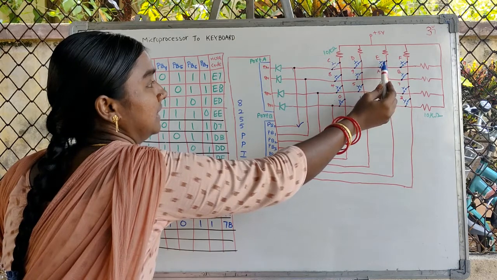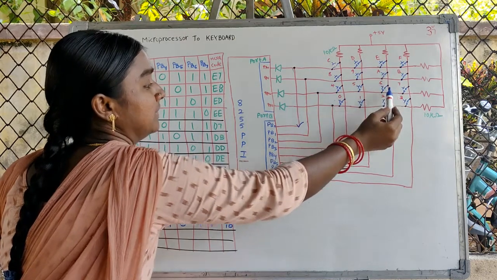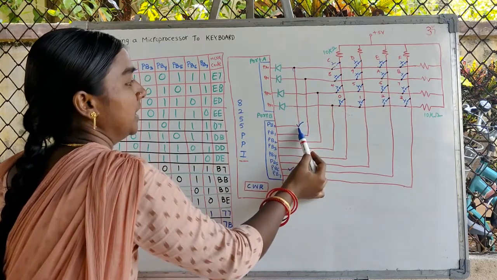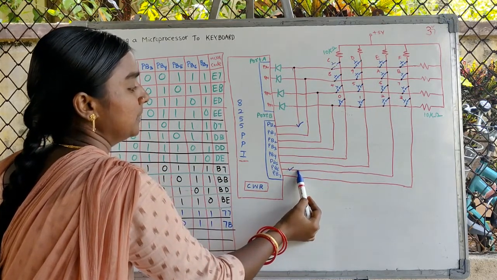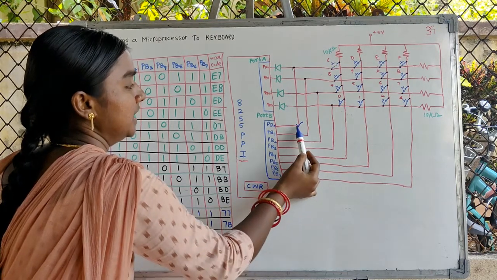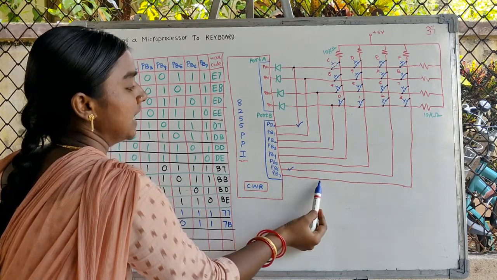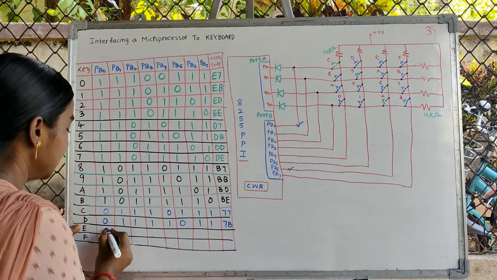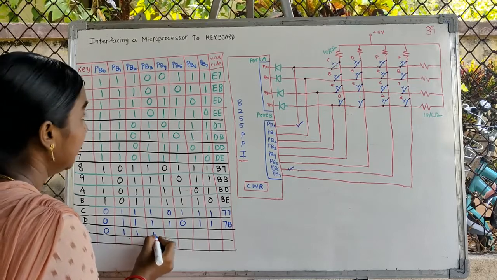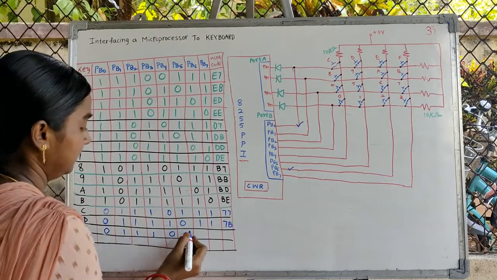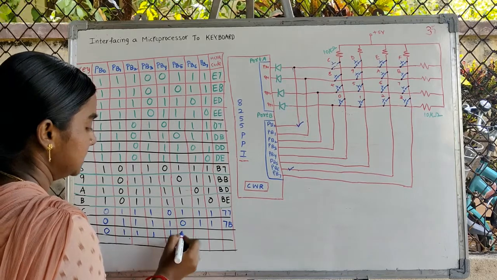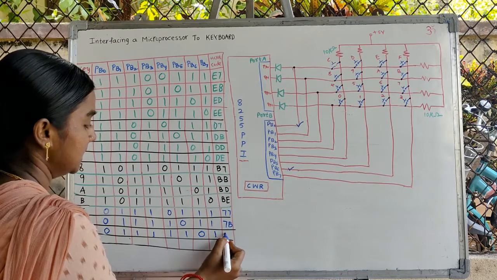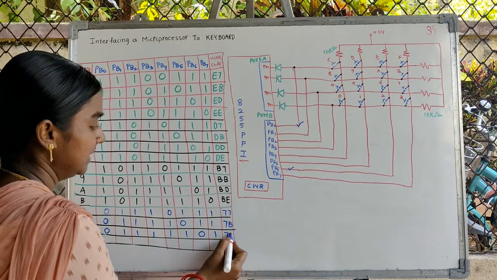If we press the key E, this switch is connected with PB6 here and PB0 here. These lines' values are going to be 0 here, 0 here. The remaining other lines are going to contain 1. So PB0 is going to be 0, PB6 is going to be 0, and PB7 is going to be 1. The hexadecimal data is going to be 7D.